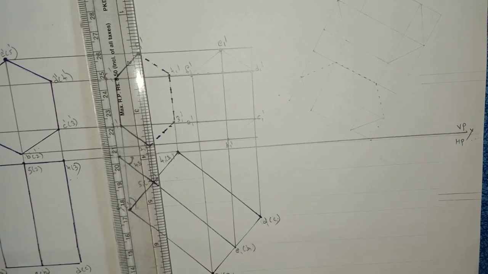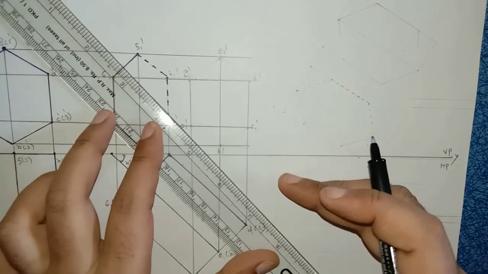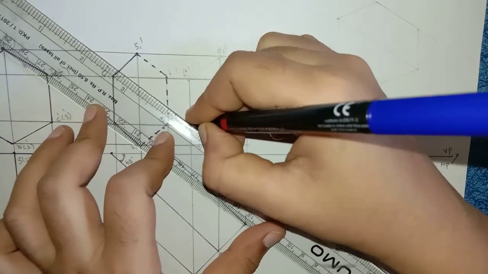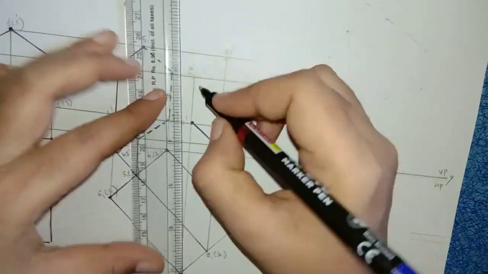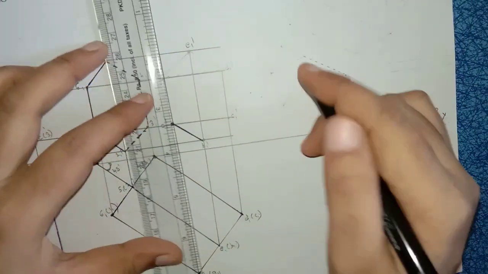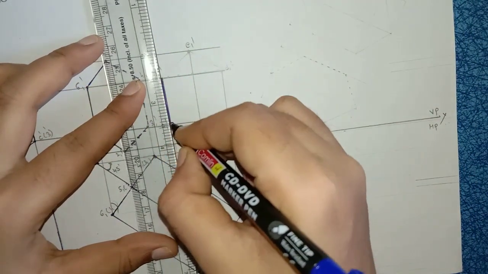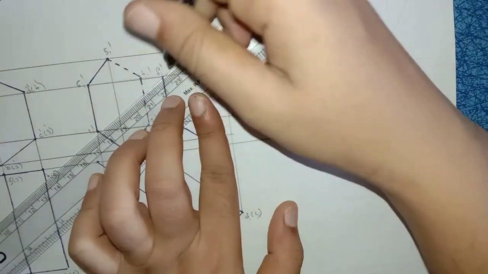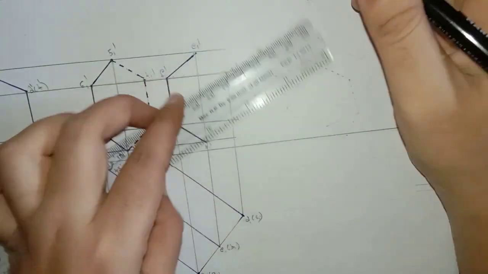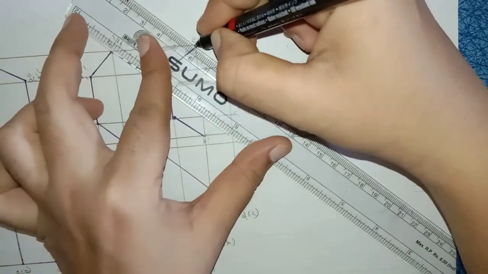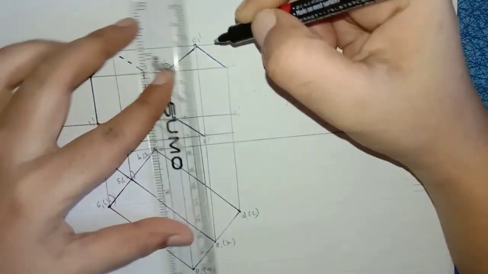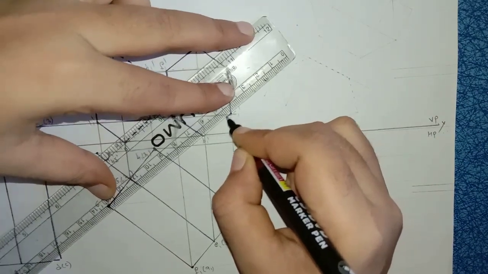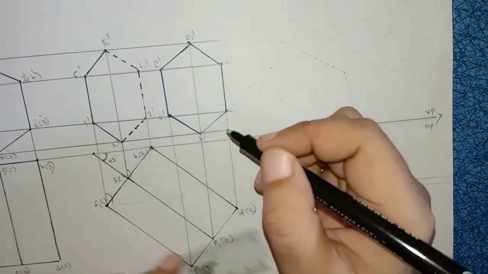Now join all this A, B, C, D, E, F. You will get another hexagon here. Right, so this is your hexagon.